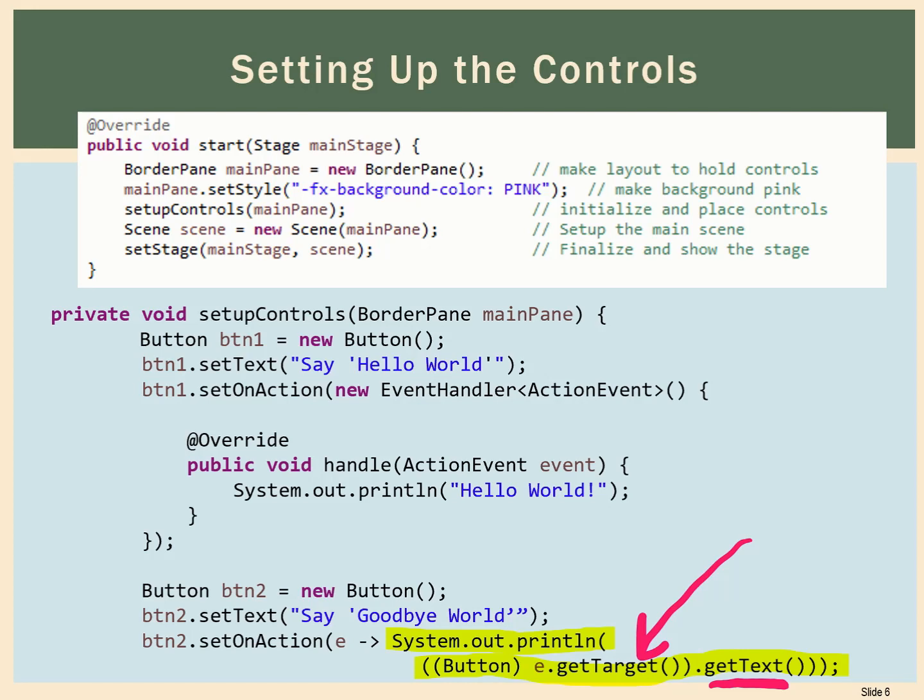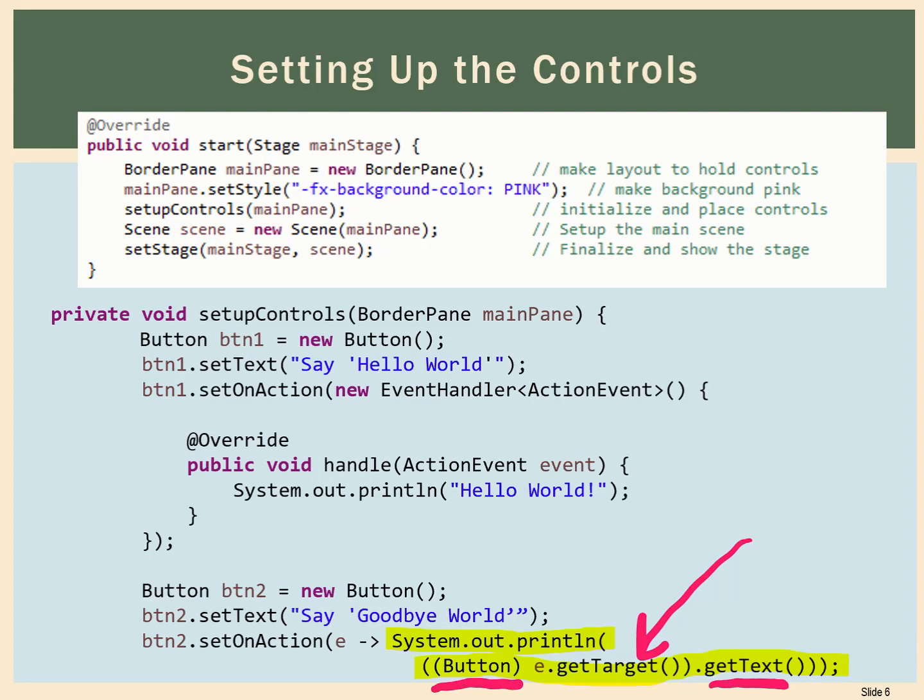So what I need to do, as long as I am 100% assured that the control that's issuing this event is in fact a button, is a cast. And here I cast it. I'm casting the returned control to be of the subtype button.